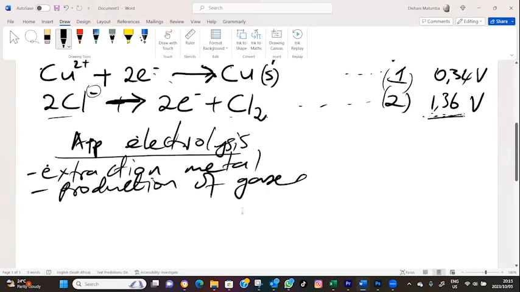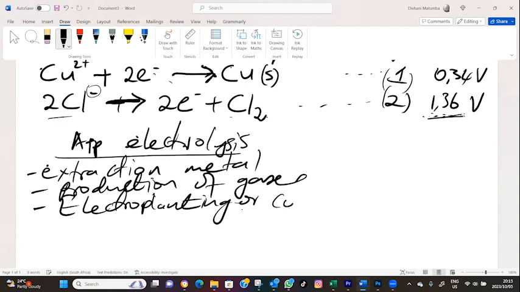And also it is used during electroplating or coating. Those of you who have gold earrings and silver earrings, they were electro coated. All right, coating, that's not the correct spelling. Coating. Okay, I hope that helps.